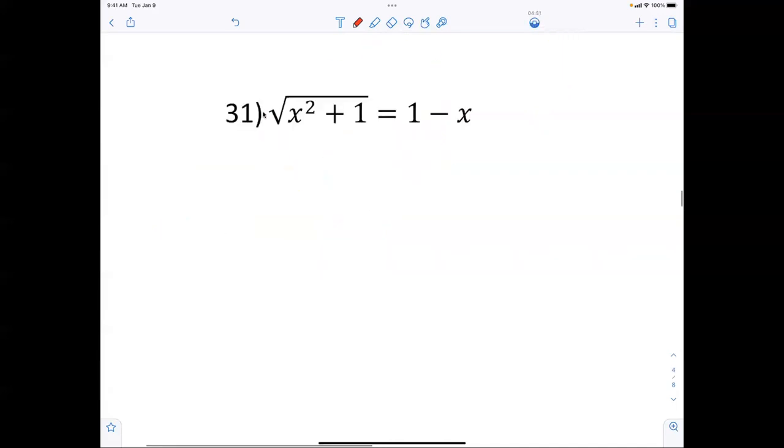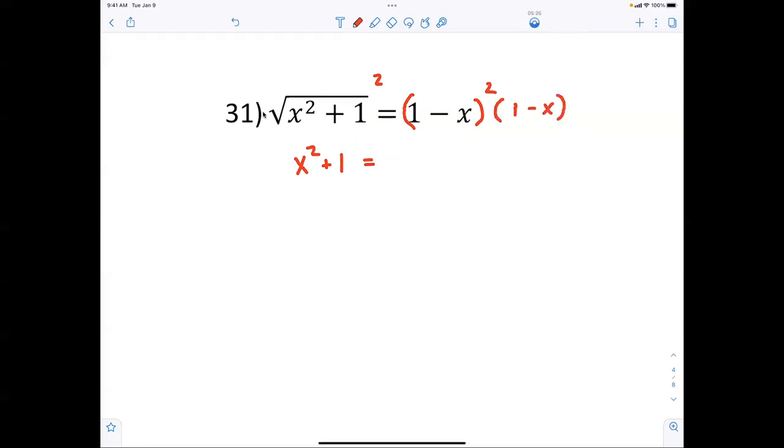All right, here we go. Let's knock out 31. 31 is annoying. Squaring and squaring. Everybody with me on this? Squaring and squaring. All right, now what happens to the left side? What do I get? X squared plus 1 equals 1 minus x times 1 minus x.